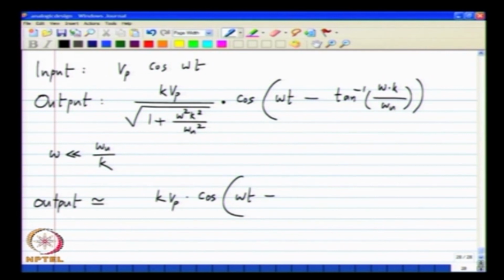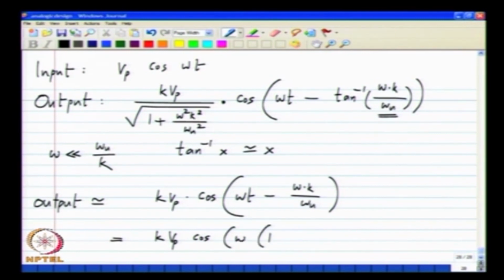The angle can be approximated by, we know that for very small values of the argument, tan inverse x approximately equals x. So, instead of tan inverse we simply take the argument, which can be rewritten as kVp cos ω(t minus k/ωu).